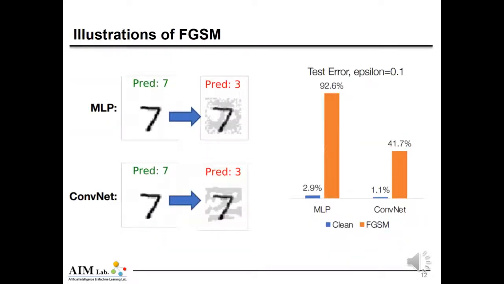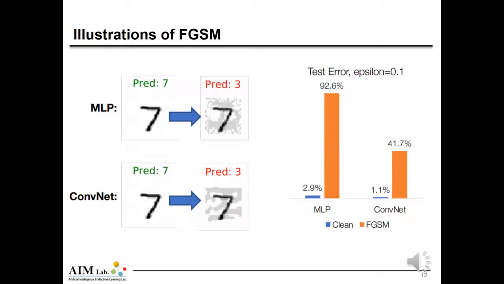Here, we illustrate the result of the FGSM method. We use a two-layer fully connected multilayer perceptron and a 6-layer convolutional network and used the MNIST dataset. So let's see what FGSM actually does. The given image indicates 7.